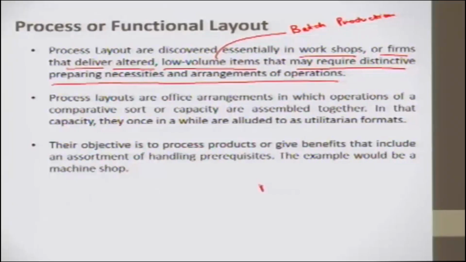For example, the first operation is milling, second is drilling, third is grinding, and then inspection. So, what happens? This milling operation would be carried out in the milling section only.